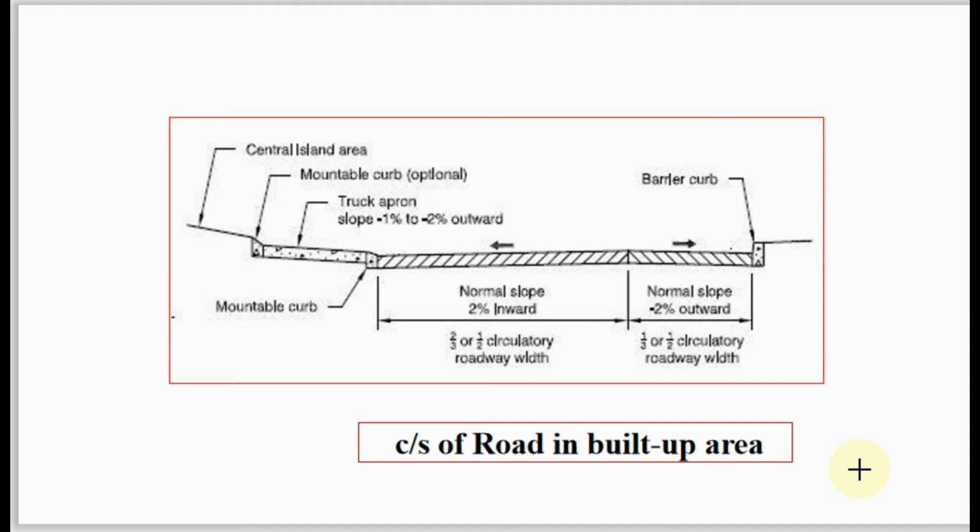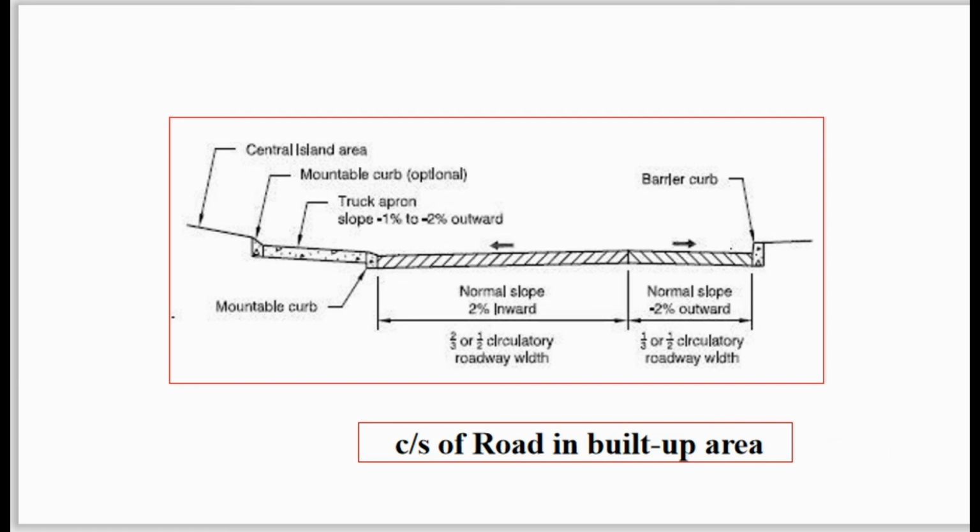Here if you observe, the normal slope of 2% inward and minus 2% outward is provided with the provision of the mountable curb, which allows the vehicle to move onto the truck apron or the shoulder area in case of traffic congestion, and 2/3 or 1/2 circulatory road width is being provided.